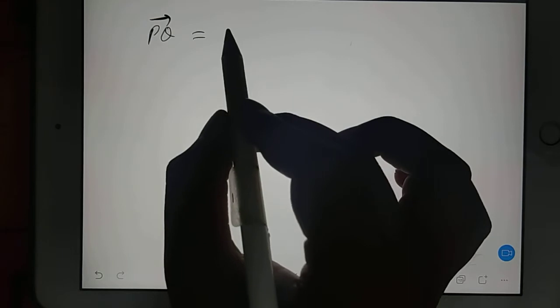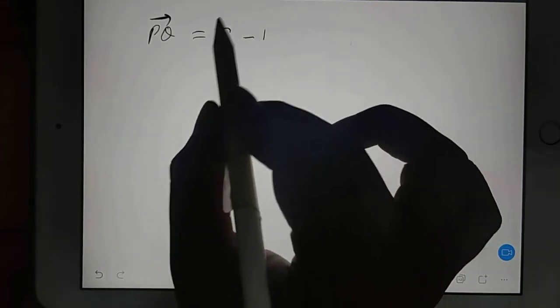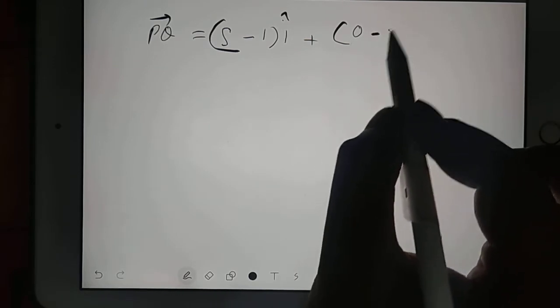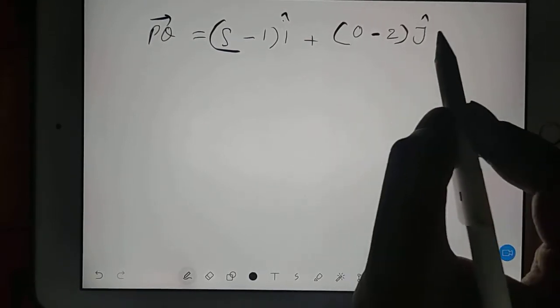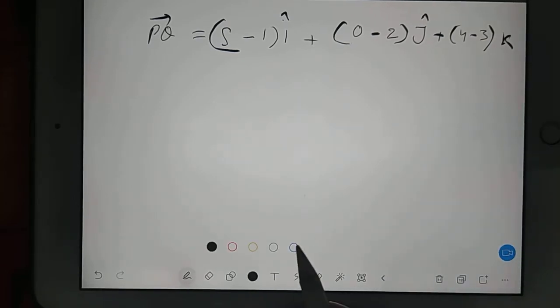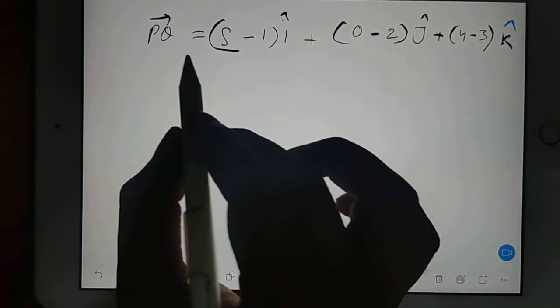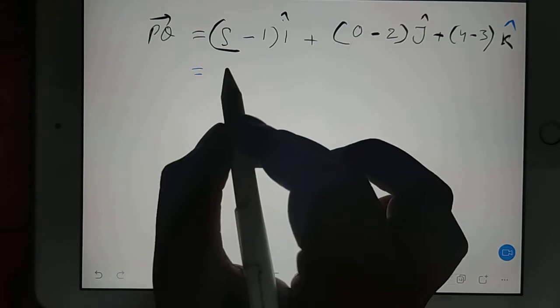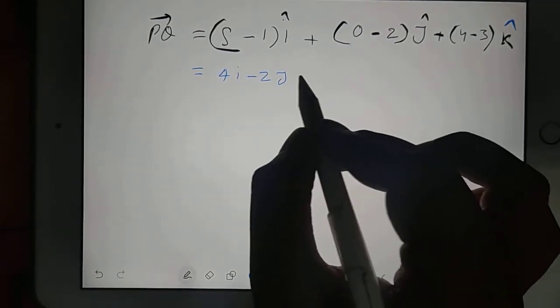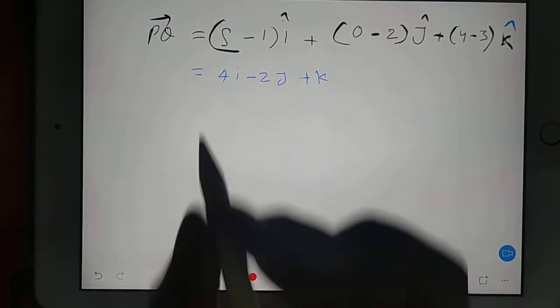So you first find your PQ vector. This PQ vector will be nothing but (5 minus 1)i plus (0 minus 2)j plus (4 minus 3)k. So put a cap here. This will look like 4i minus 2j plus k.